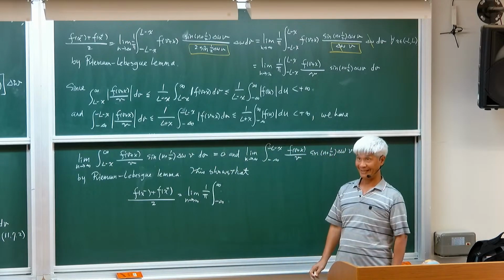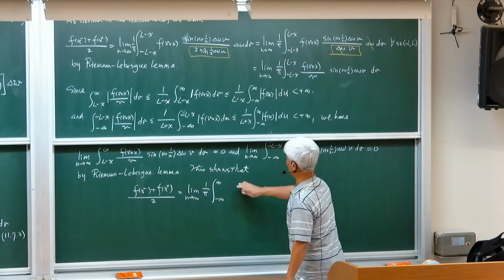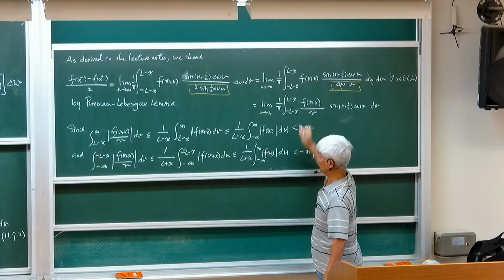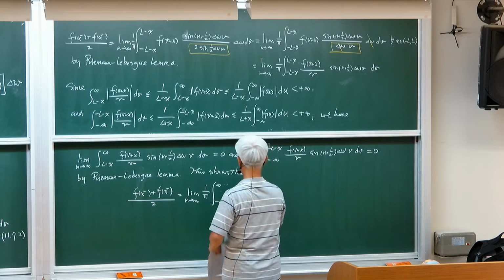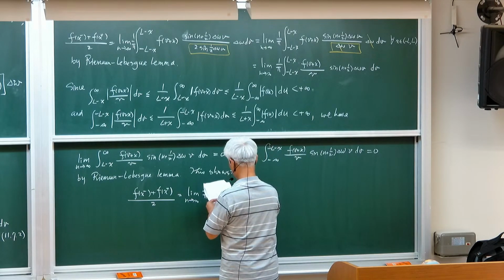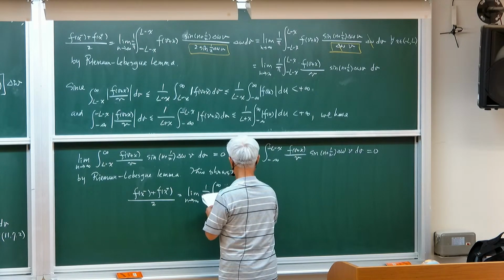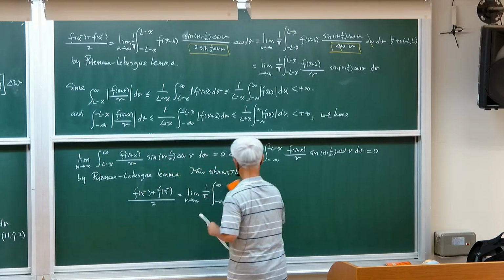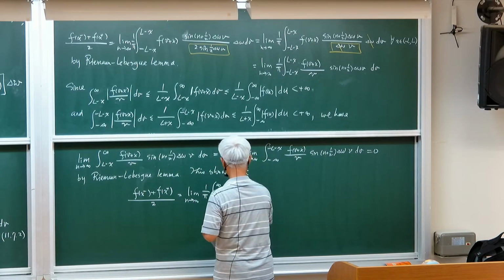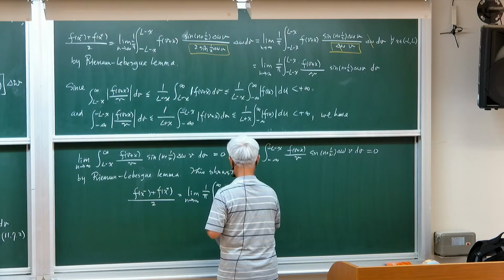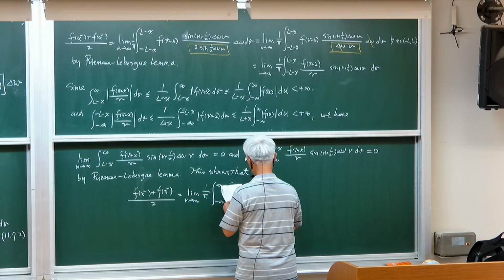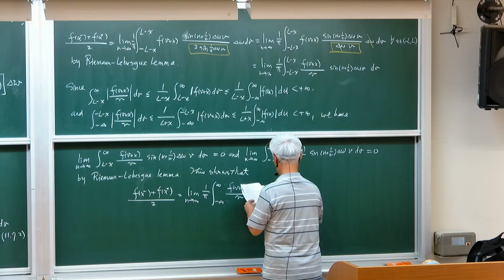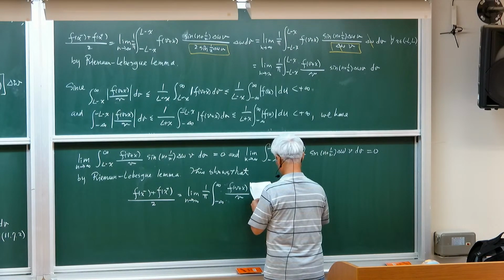Now we can replace the integration interval, this limited interval, by an unbounded interval, with f of v plus x divided by v, and the sine of n plus 1/2 delta omega v dv.